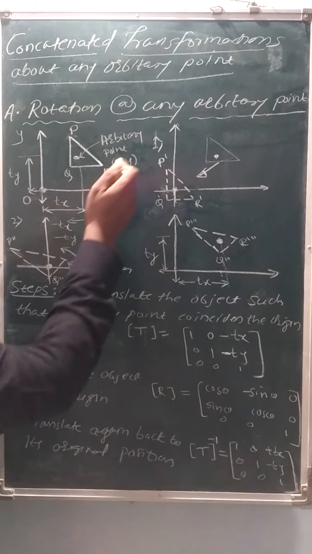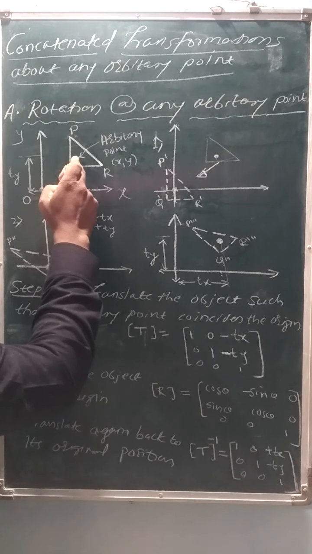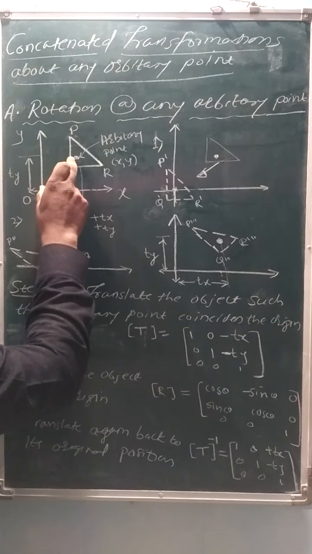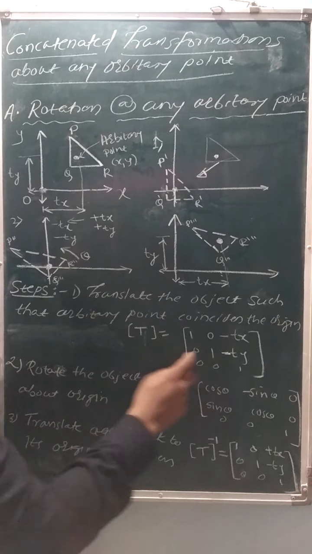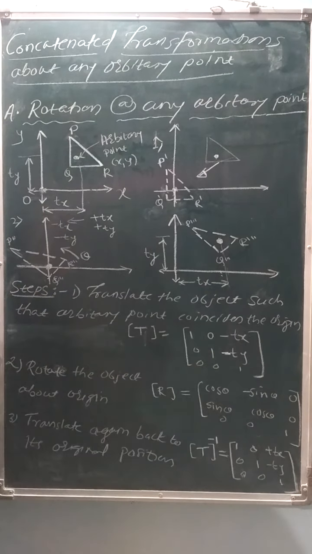Means this arbitrary point we have coincided with the origin by distances minus tx and minus ty. So this is the first step.